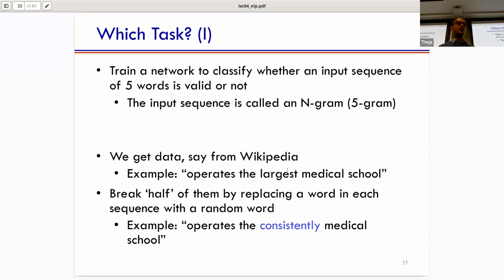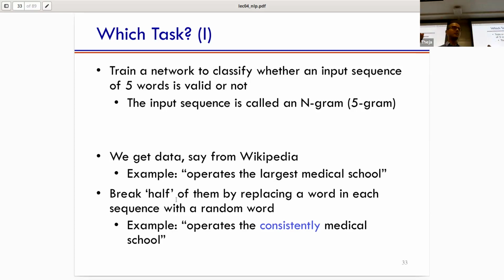You can break half of these 5-length sequences by replacing a word with an arbitrary word and saying that's an invalid sequence.